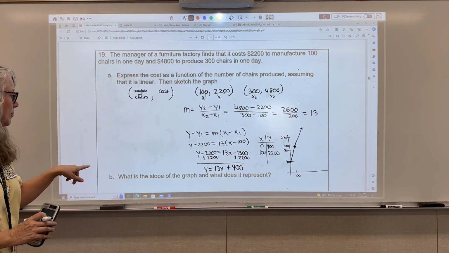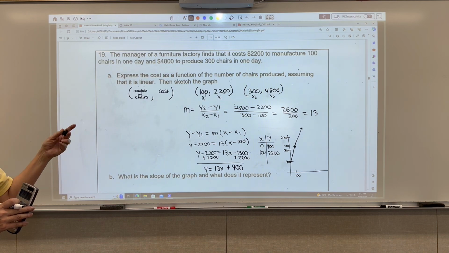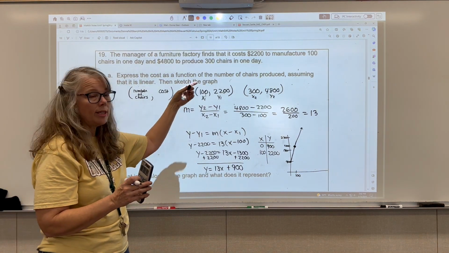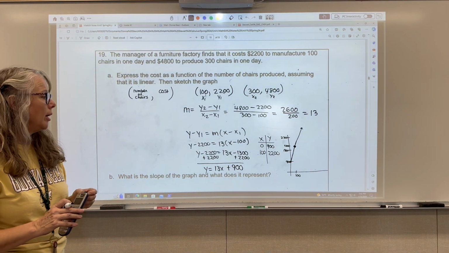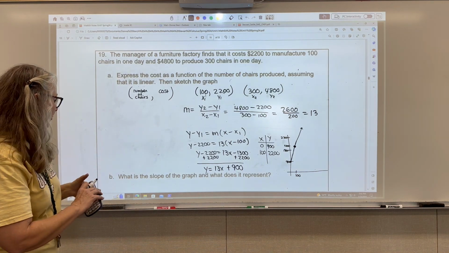Okay, they asked me, what is the slope of the graph and what does it represent? And so we had already found the slope. The slope was 13. So they asked me to find the equation. I was going to say, if they didn't ask me to find the equation, I could have just plotted the points they had given me and come up with the picture of the line. The slope is 13.